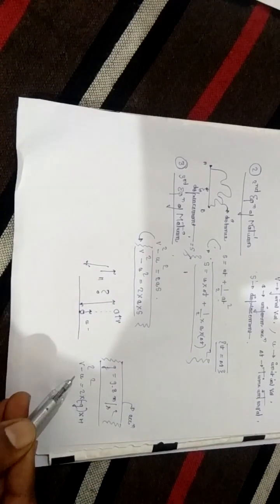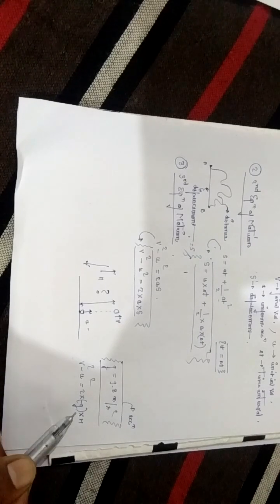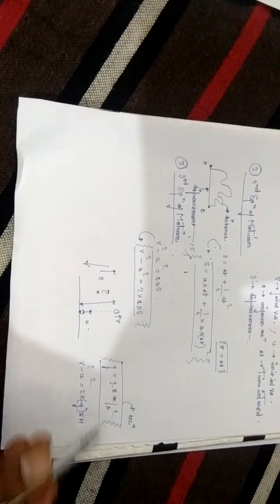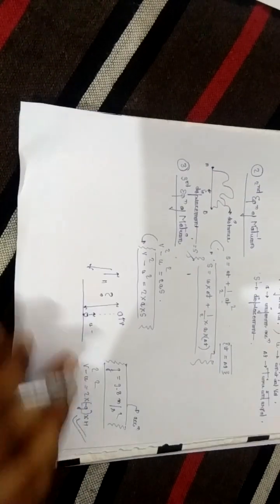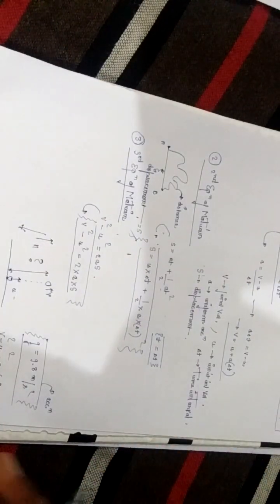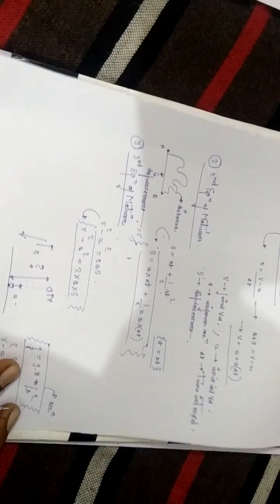As we know the initial velocity, final velocity and g, which is 9.8 meter per second square, we can easily find h. That's the application of the equations of motion.